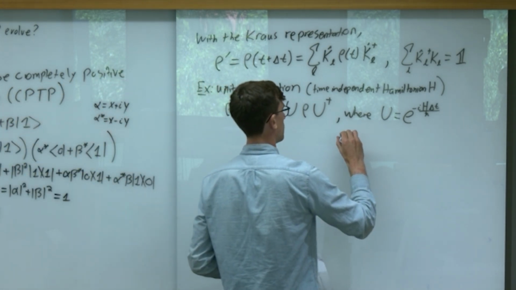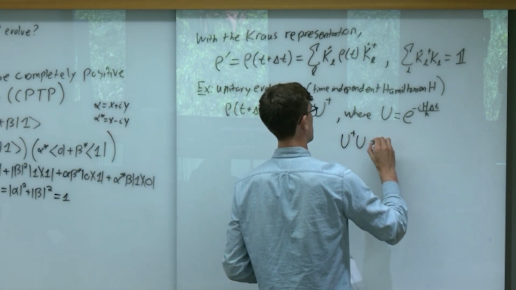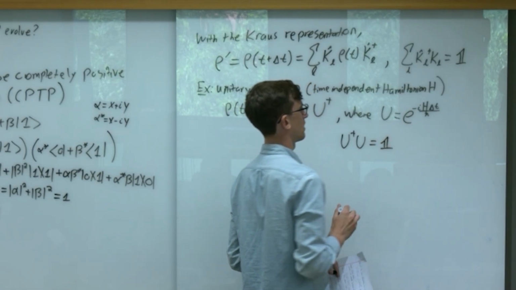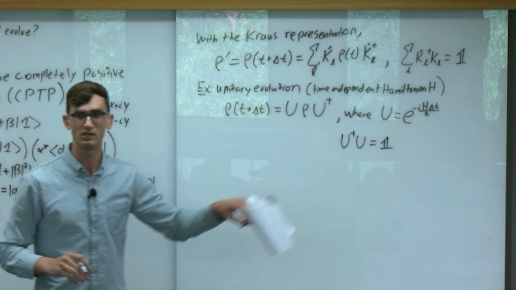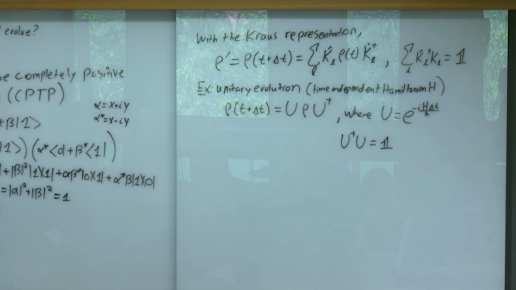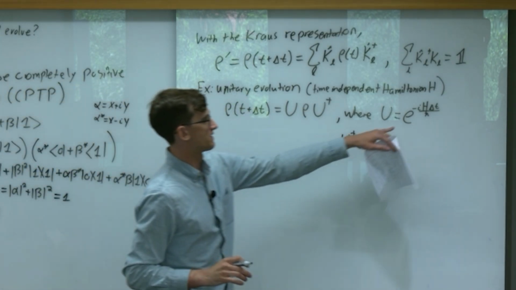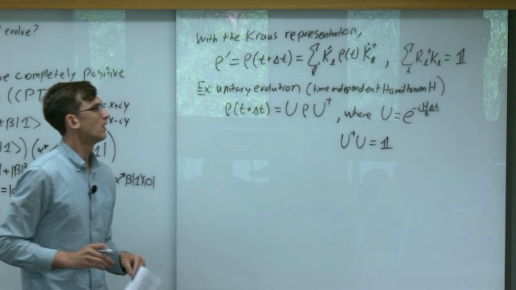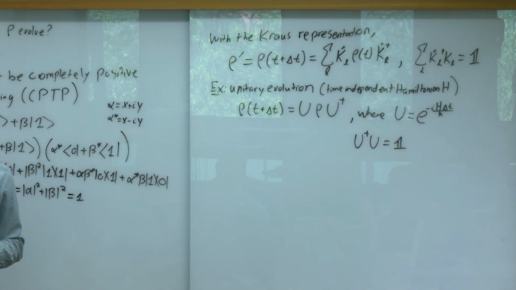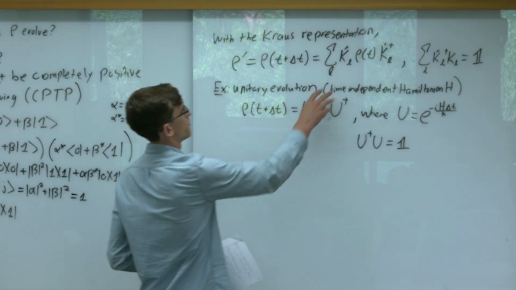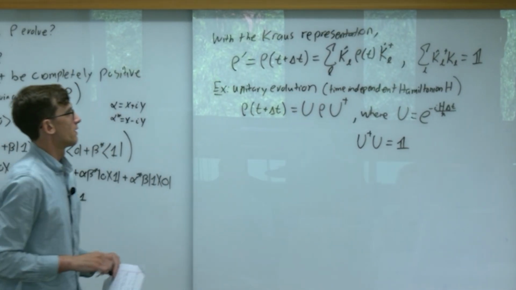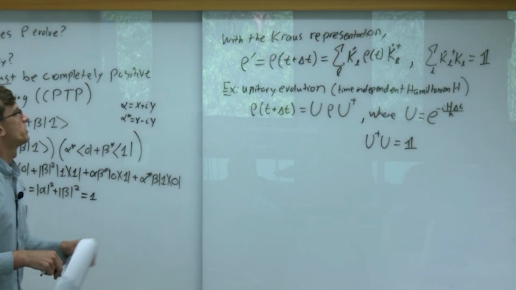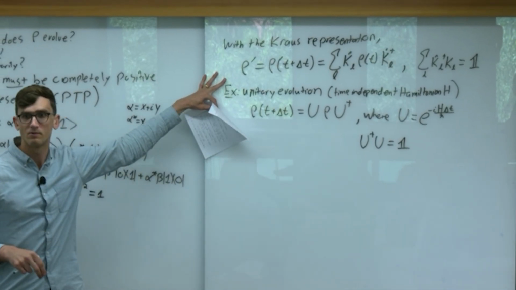And we know that U dagger U is equal to the identity, because you can see immediately that if I multiply these two exponentials together, one of which has the i turned into a minus i, then I just get the identity operator. So this is one example of writing the time evolution of the density matrix in the Kraus representation.